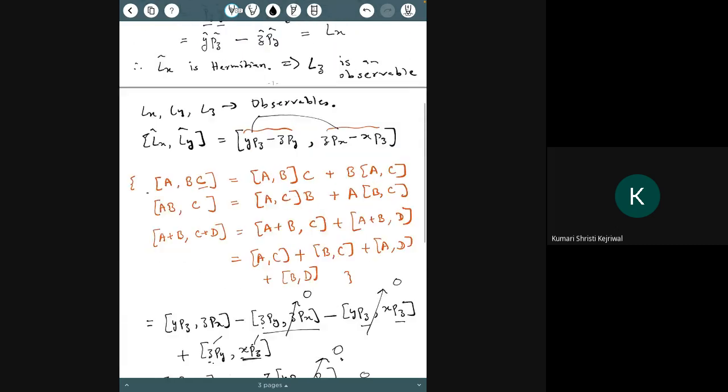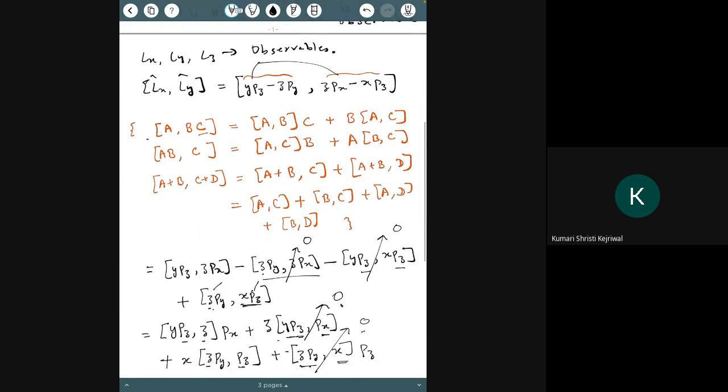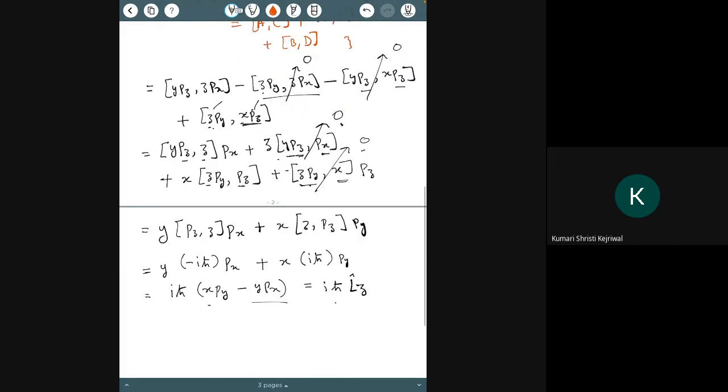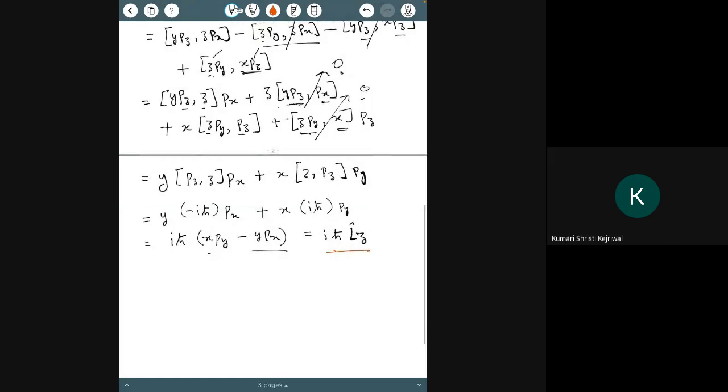We were working out the commutator of Lx and Ly. And we ended up with the value of the commutator being iħ Lz. That is very nice. So it shows that there's some sort of closure in this. So Lx Ly commutator is equal to iħ Lz.